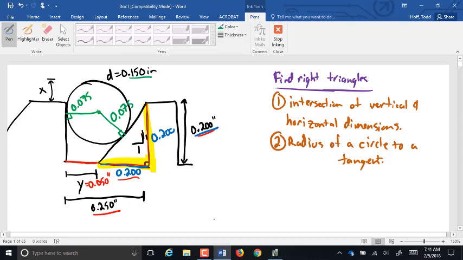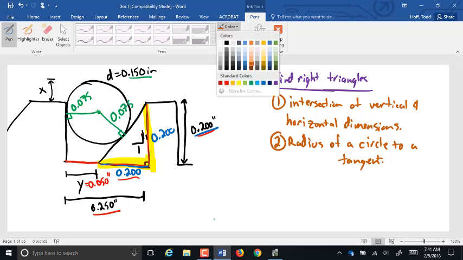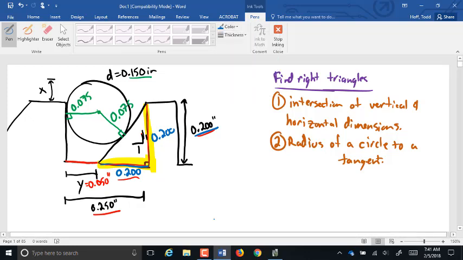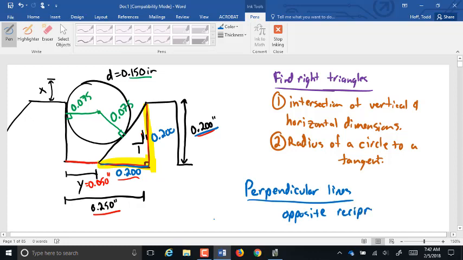Well, what is the slope factor on that? We talked about this briefly last semester. Parallel lines have the same slope. Perpendicular lines have opposite reciprocal slope. What's that mean?